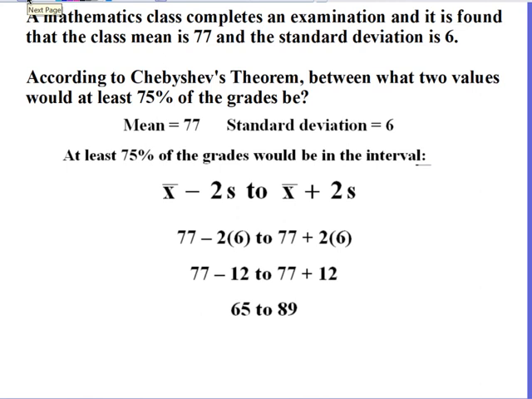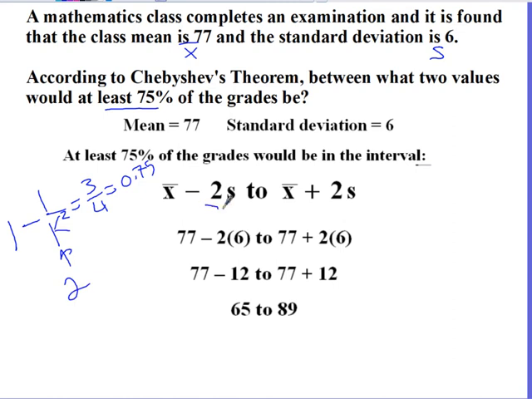A mathematics class completes an examination and it's found that the mean is 77 and the standard deviation is 6. Chances are this is a sample, though it really doesn't matter, but we'll say sample mean is 77, sample standard deviation is 6. We want at least 75% of the data. Going back, what value for k gives us 3/4 or 0.75? That k value would have been 2.